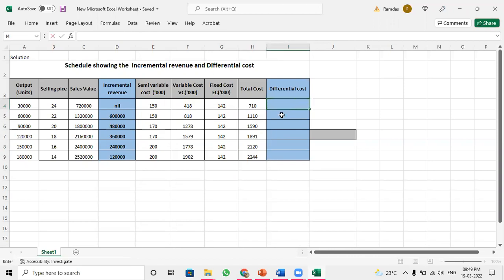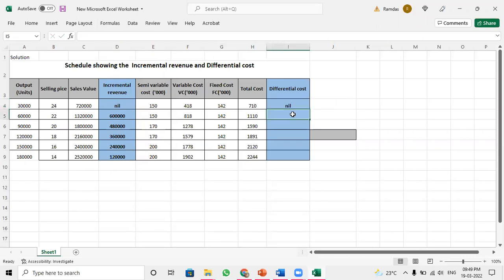As we calculated incremental revenue, the same technique we are going to use here. We compare the cost of one level with that of the other level. In the first level, the comparison is with the same level, so we have nil.